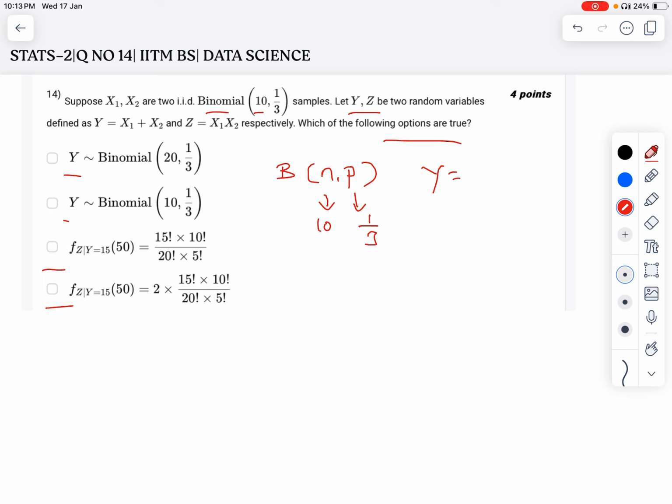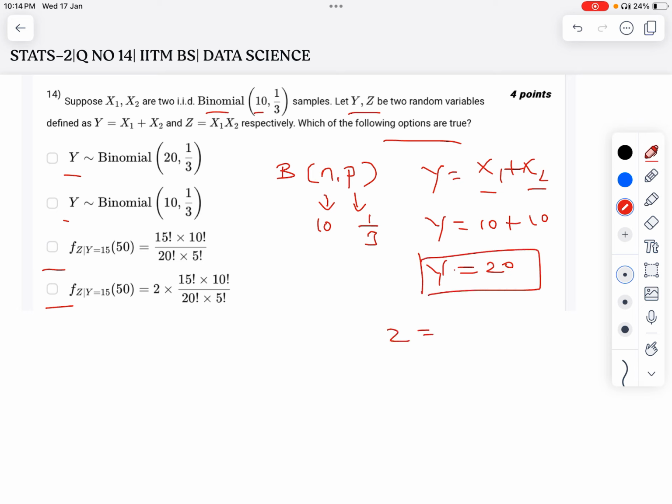Y is represented as X1 plus X2. Here X1 and X2 we are taking the number 10 as the two independent random variables, therefore Y is equal to 20. Similarly for Z we are taking Z is equal to X1 into X2.